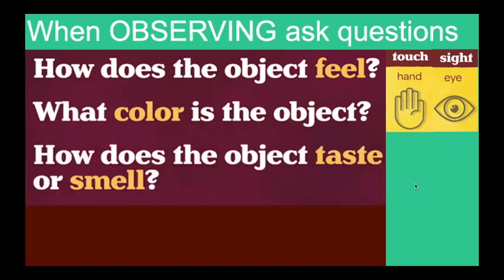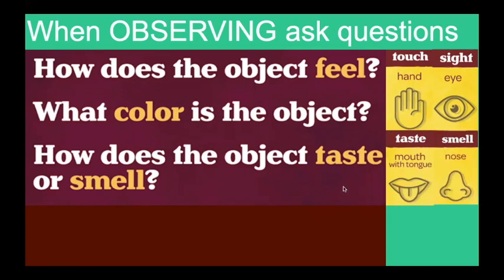Yeah. Next question. How does the object taste or smell? Repeat after me. How does the object taste or smell? And we use our mouth for taste and nose for smell, and we can answer this question.